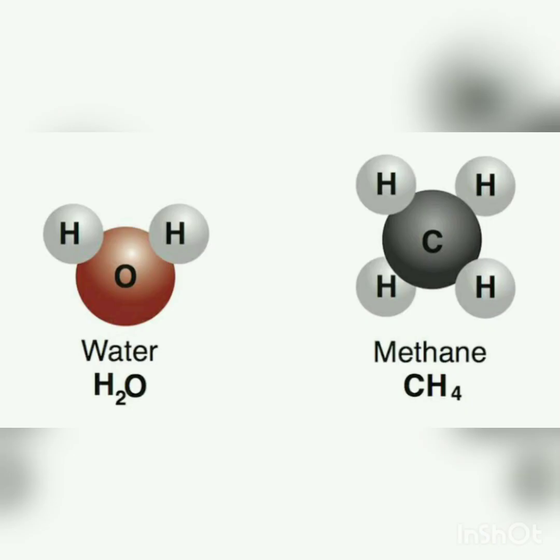Now let's try to understand a molecule of a compound. When we talk about water, its molecular formula is H2O, which means two atoms of hydrogen are bonded to one atom of oxygen.